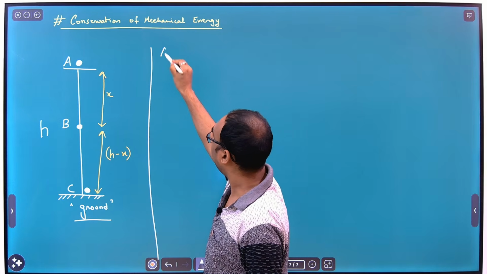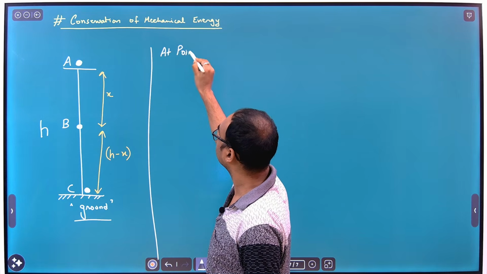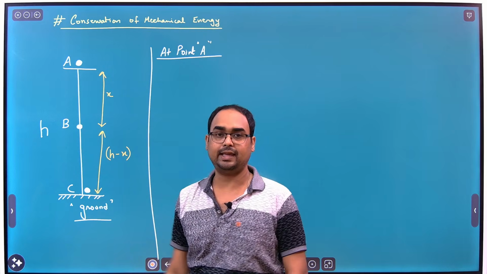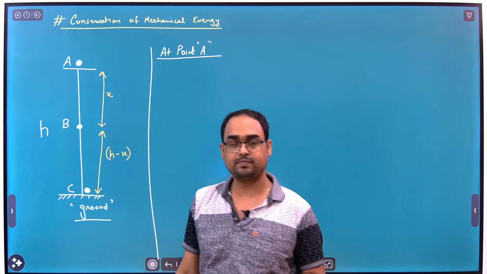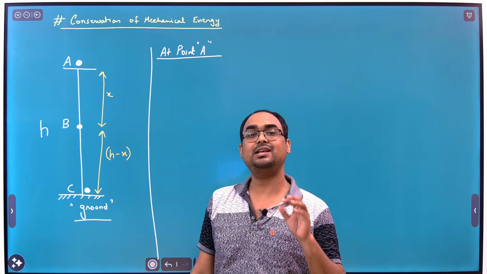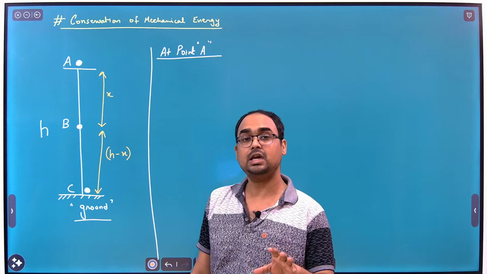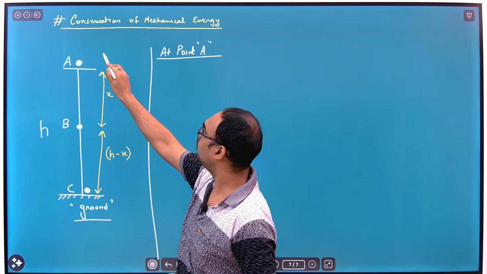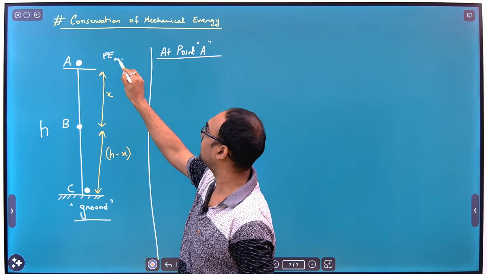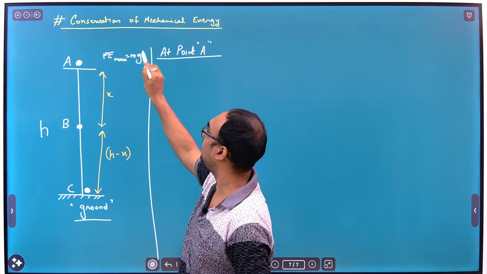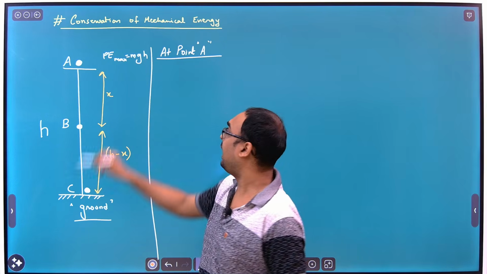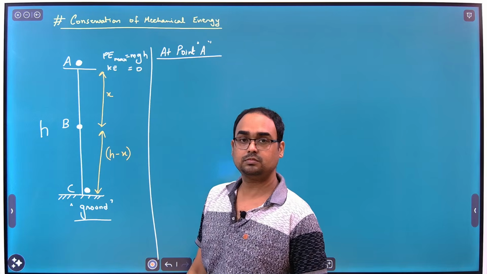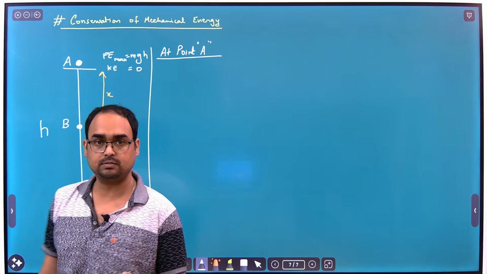When the body was at point A, the body was still at rest. And we know that when a body is at rest, it has only potential energy and no kinetic energy. So at the topmost point, you have potential energy that is maximum, that is mgh, and kinetic energy equal to 0, because the body has still not started to move.